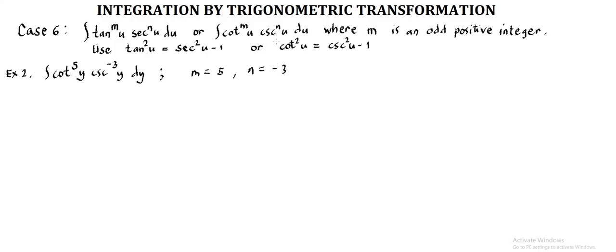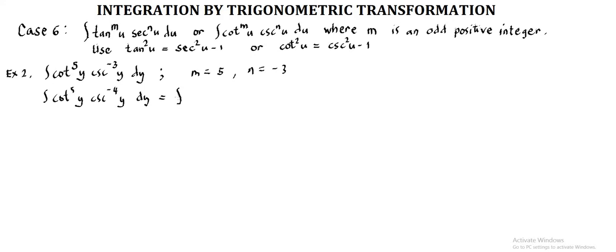So, gagamit tayo dito ng transformation na cotangent squared equals cosecant squared minus 1. So, meron tayong integral of cotangent to the 5th of y, and then cosecant to the negative 4 of y dy.